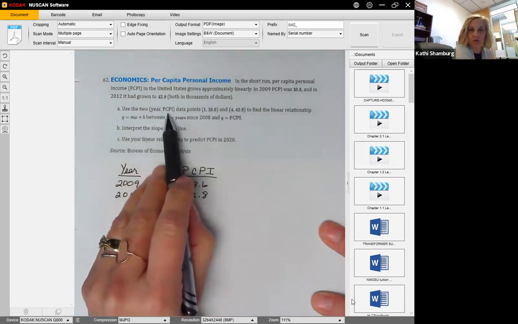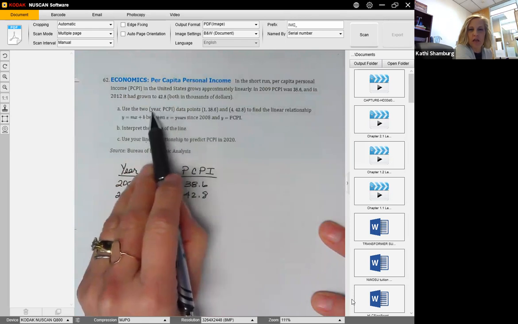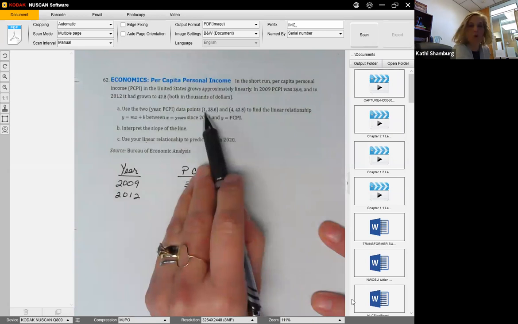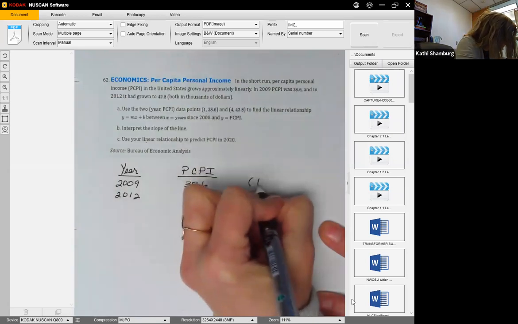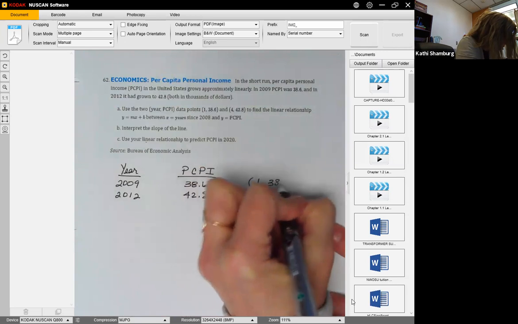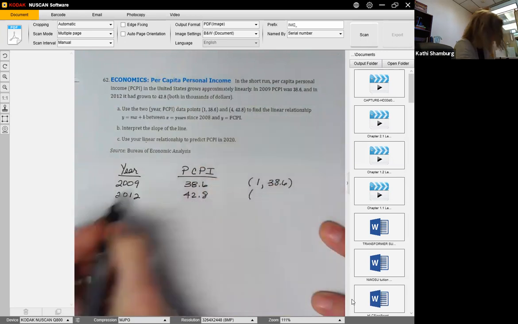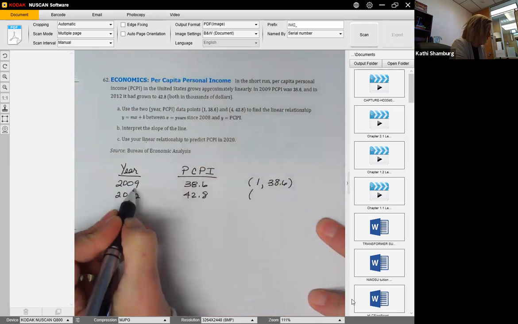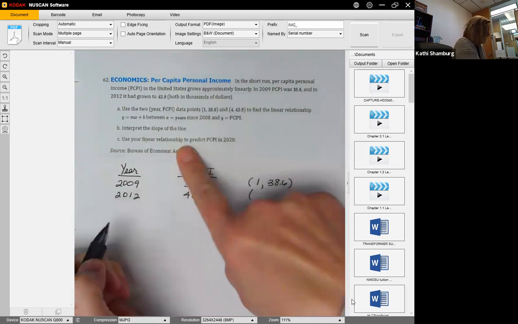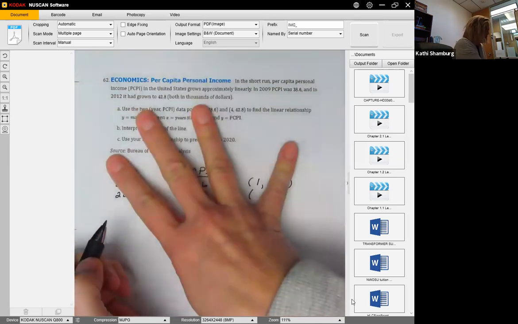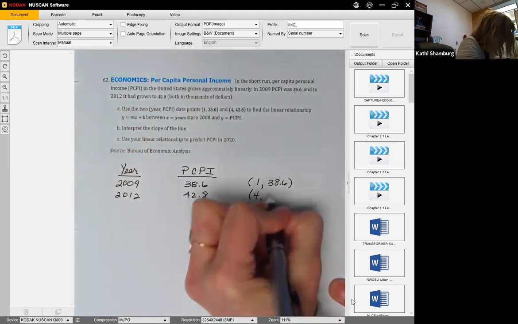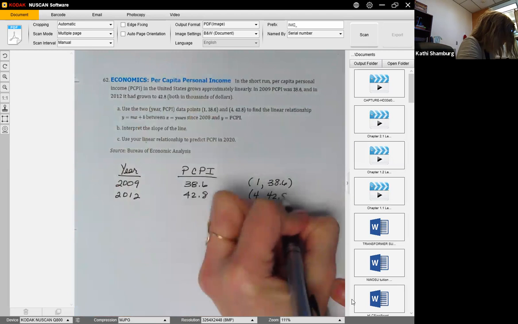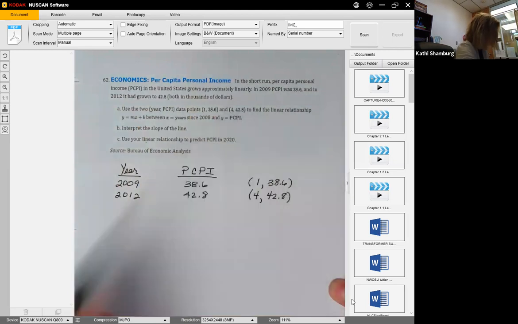But be careful, they're not using year as in 2009, they're calling it year one. So the ordered pair here is year one, 38.6. And then if 2009 is year one, then 2009, 10, 11, 12 means 2012 is year four at 42.8. So that's where they get that 4.